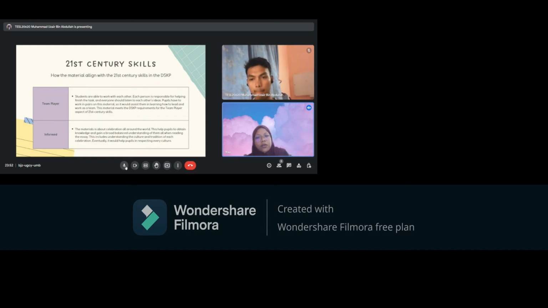So, when pupils read it, they will read it critically to understand the content of the essay and to answer the crossword. So when they read critically to understand, they will widen their scope of knowledge about celebrations.